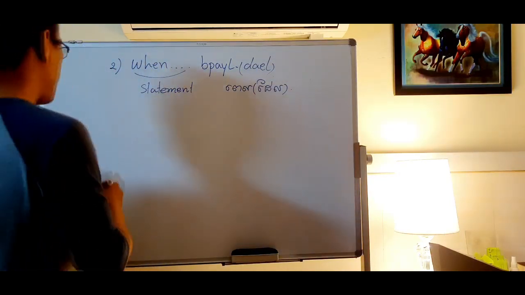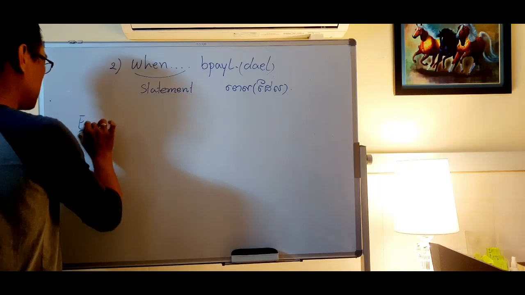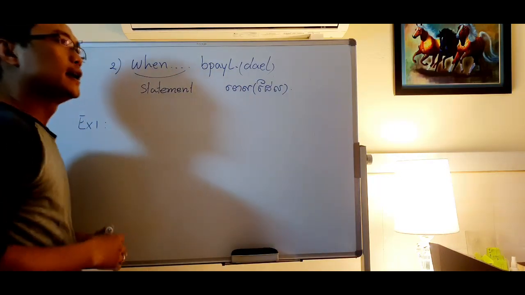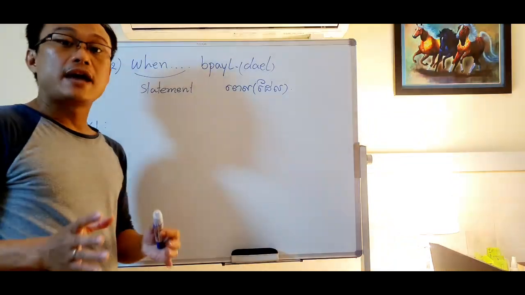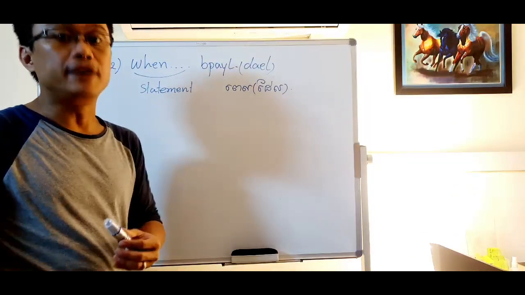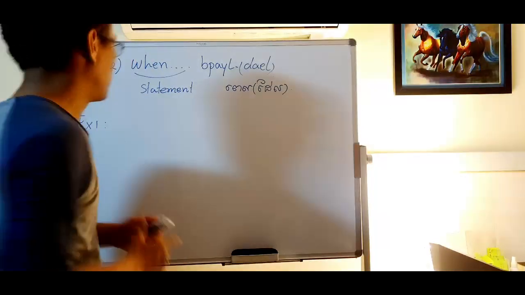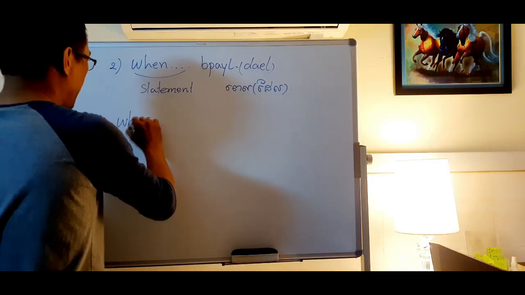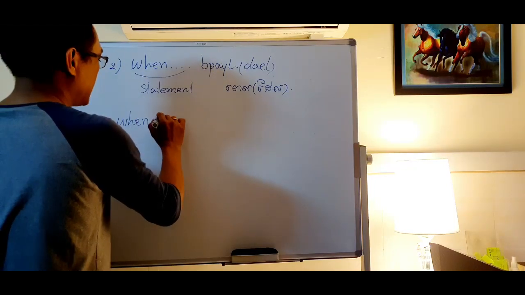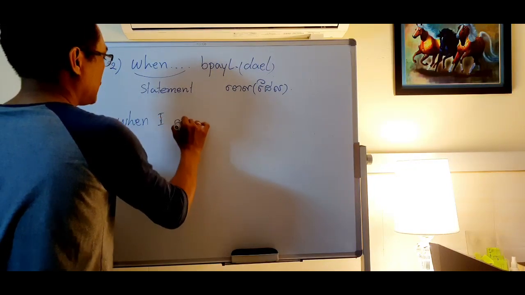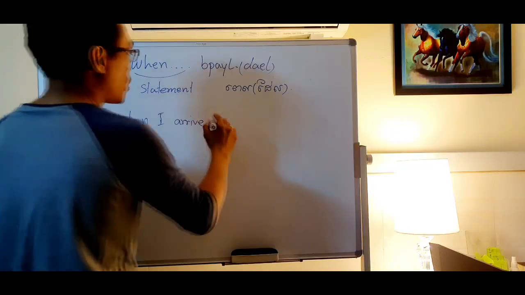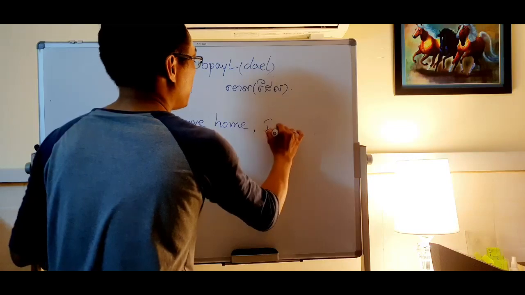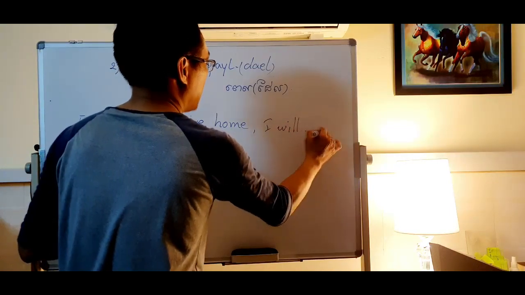Okay, so now let's do an example together. Example 1. I can say, when I arrive home, I will, and then do something, whatever you want. And then you say, I will, blah, blah, blah, like this.